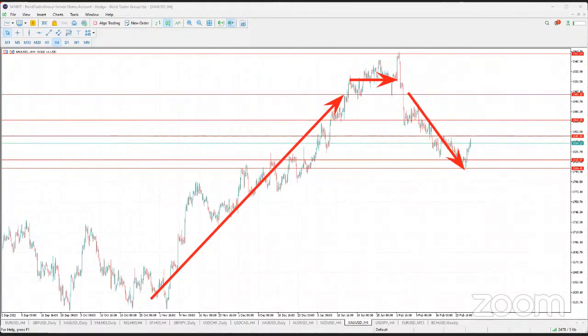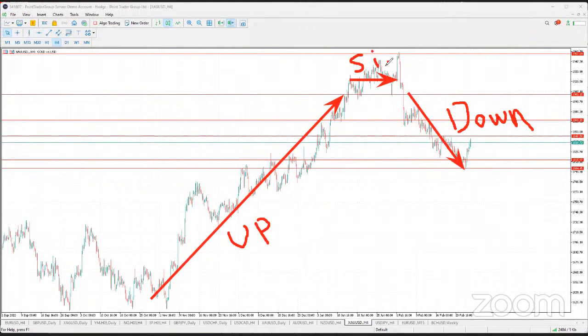So we have three main directions: uptrend, sideways, and downtrend. Okay. So this is simply, guys, how it works.